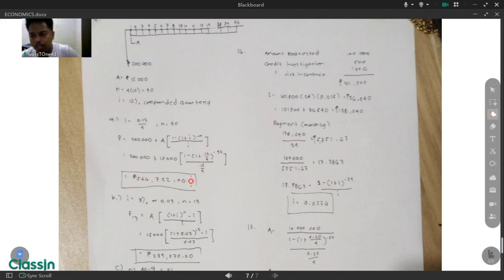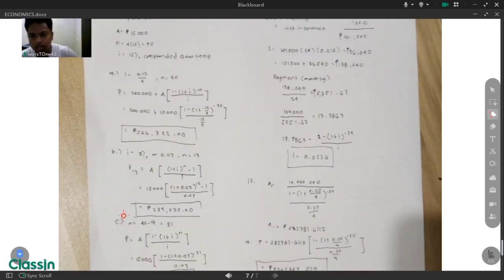Since we're finding P, we're going backward, so we involve negative exponents. So the cash price of the lot is 546,722 pesos. So that's the price of the lot.